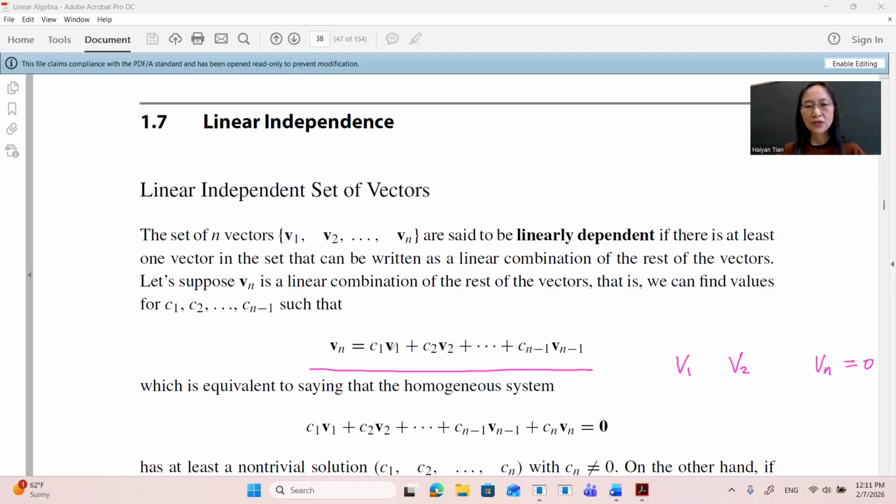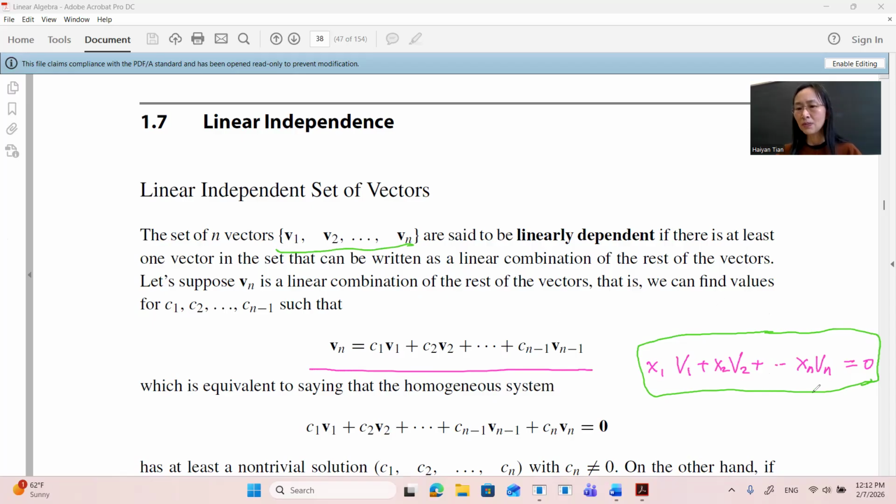Let's assume the coefficients of the vector equation will be x1, x2, xn. So here we just look at a system of this form. It is a homogeneous system in the vector equation form. So these n vectors are given.